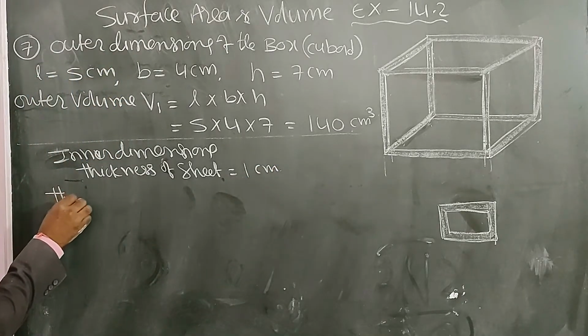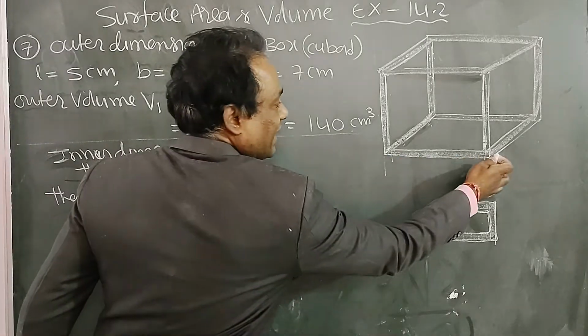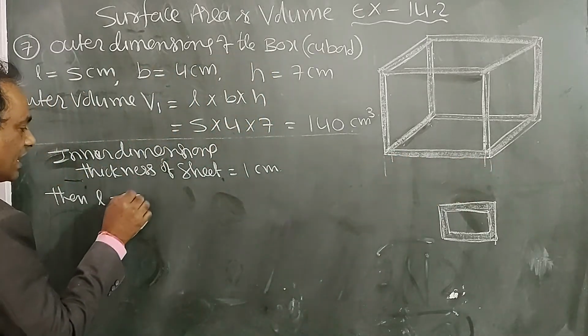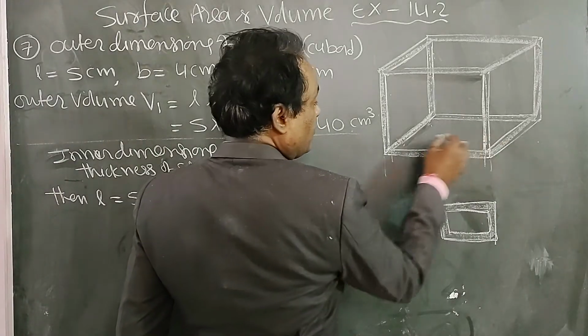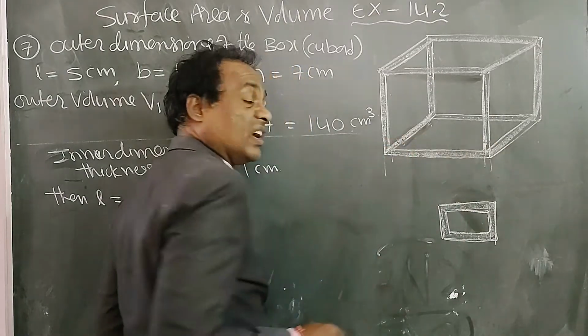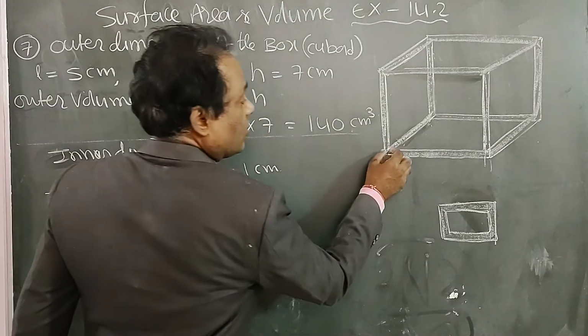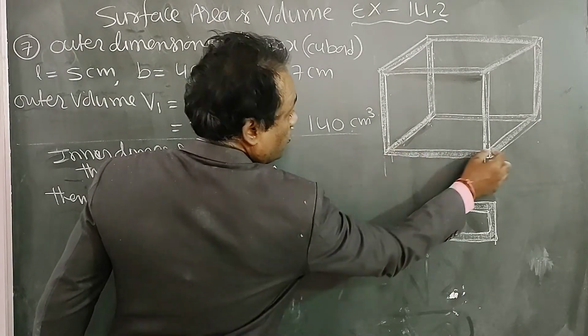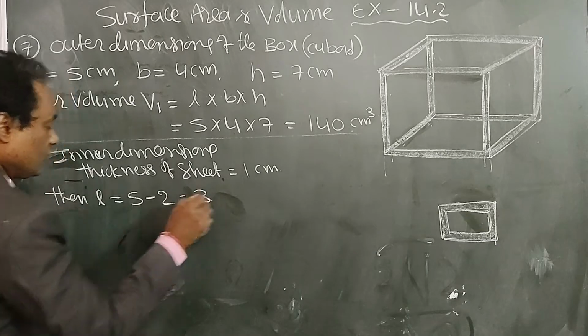Then the length becomes what? The outer length is 5. Outer 5 minus thickness 1 centimeter on this side and 1 on this side. Thickness 1 means both sides the sheet will be there. So 5 minus 2, that is 3.